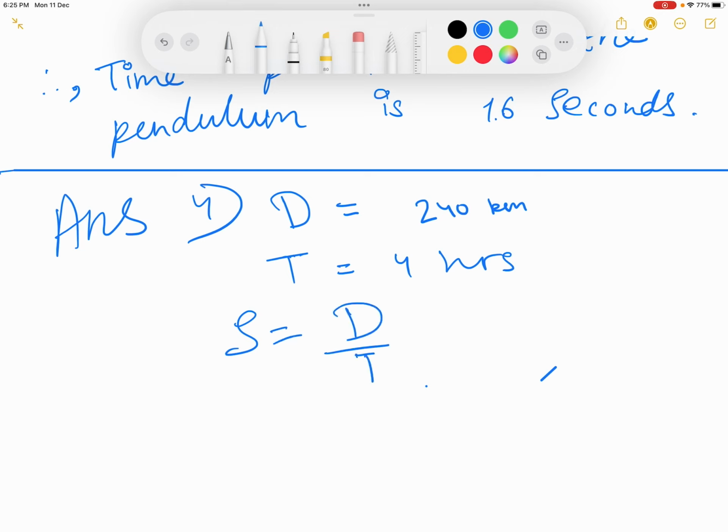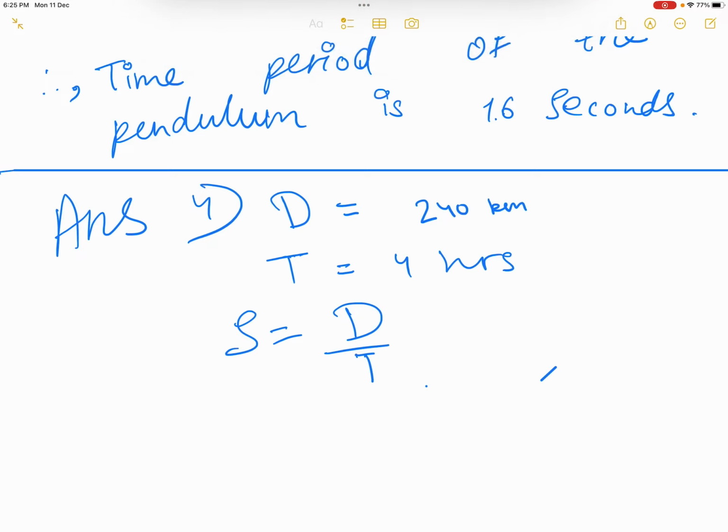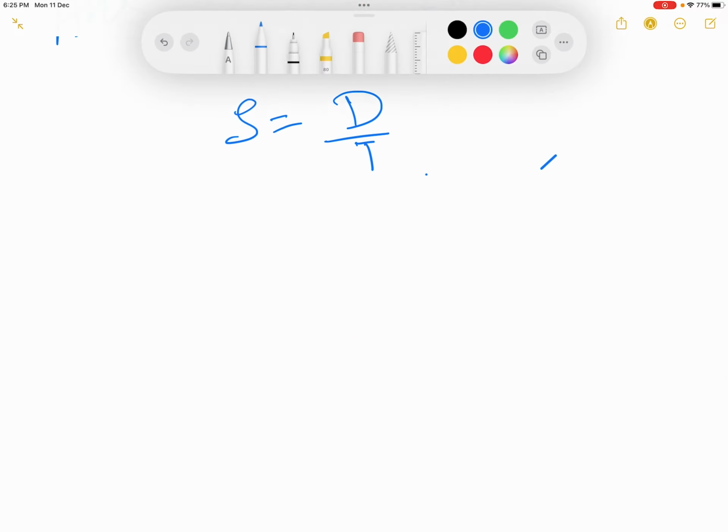So the speed, we know the formula, d upon t, right? That is the formula, right? So formula is speed is distance upon time. So we'll do speed is equal to distance, 240 kilometers, upon time, which is equals to 4 hours, right? 4 hours.